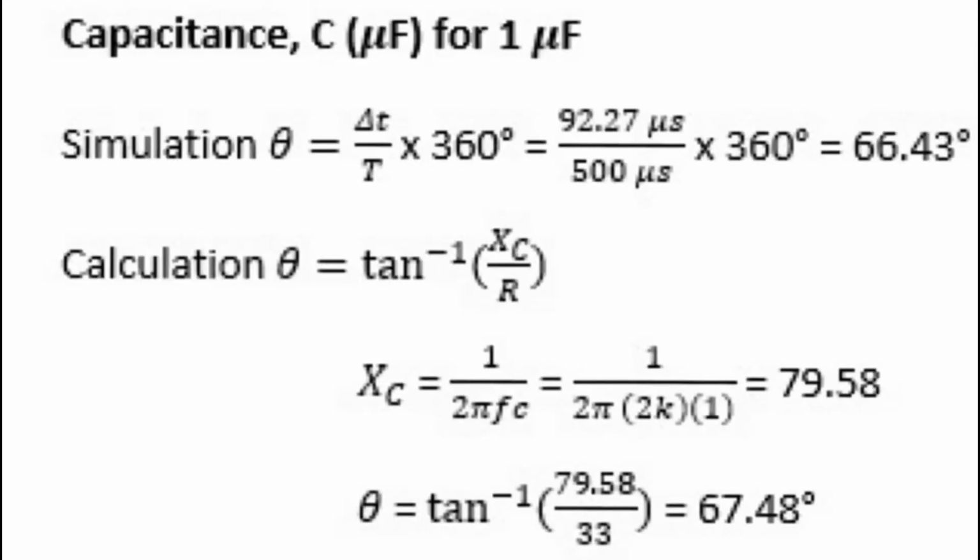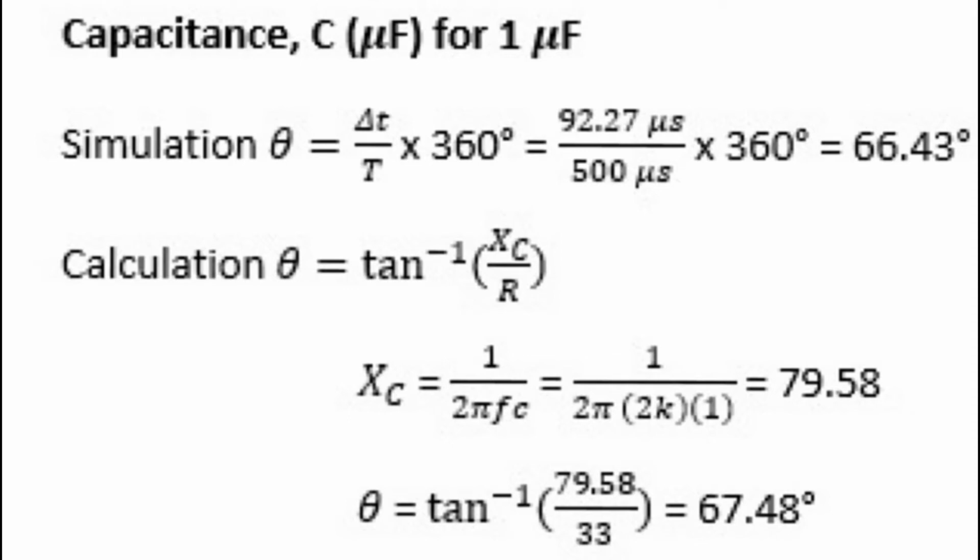66.43 degrees. And for the calculation part, we can use the formula arctangent of XC over resistor. Before we calculate the phasor angle, we should find the value of XC. We use the formula 1 divided by 2 pi times 2 kHz frequency times the capacitance, which is 1 microfarad.